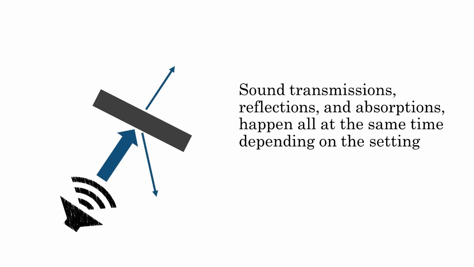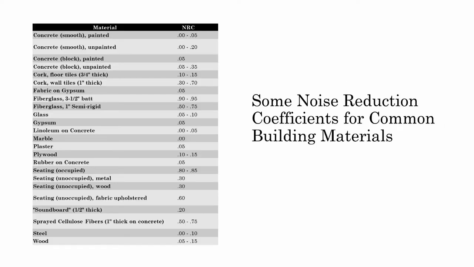Sound transmissions, reflections, and absorptions happen all at the same time depending on the setting. Some noise reduction coefficients, or NRC, for common building materials. Material number 1. Concrete, smooth and painted, NRC 0.00 to 0.05.